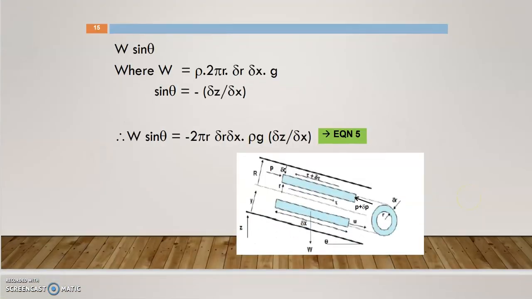However, theta here is the tilting angle of the pipe. So when we consider the angle, we get W sine theta, and we have equation 5.